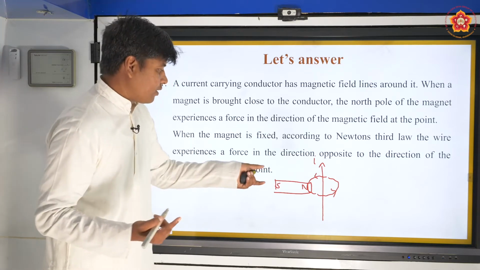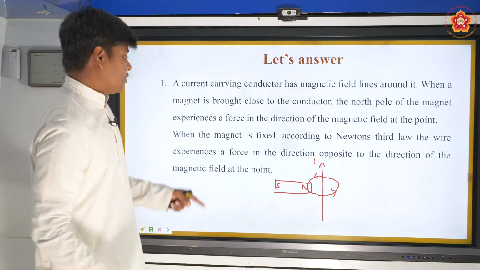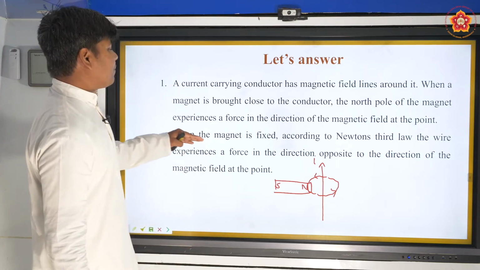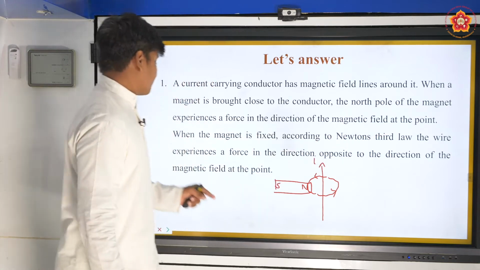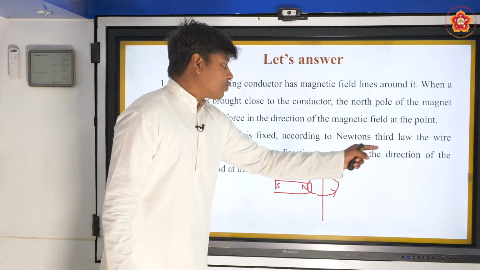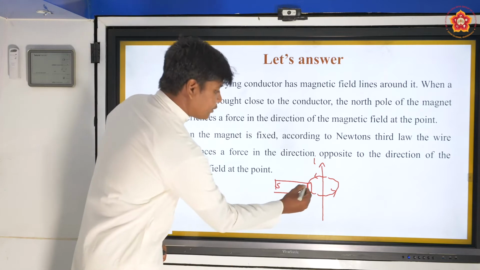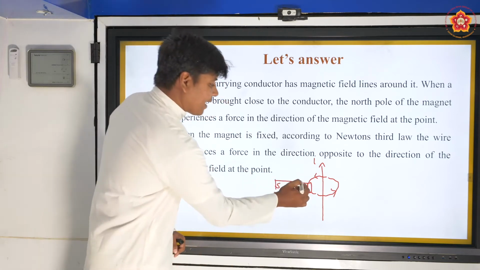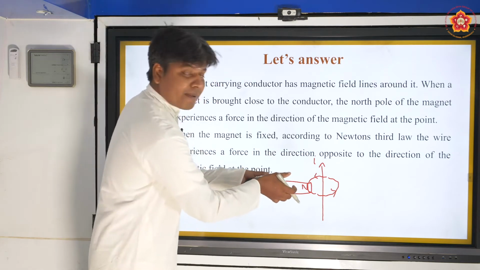If it is coming out, this bar magnet should go in according to Newton's third law. That's what we have written here. When I fix this magnet, according to Newton's third law, the wire experiences a force in the direction opposite to the direction of the magnetic field at the point. So at this point, the magnetic field line is outside the board and the force experienced by the bar magnet is outside.